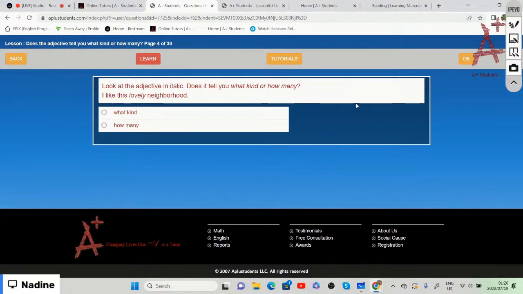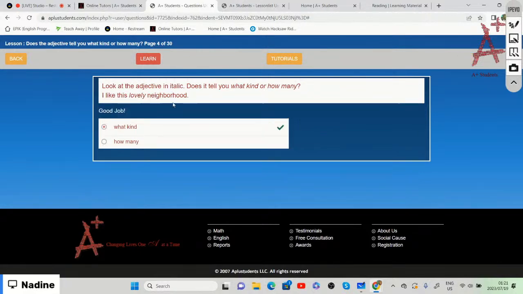We need to choose between what kind or how many. All right, so the word lovely tells us what kind of neighborhood it is. It is a lovely neighborhood.